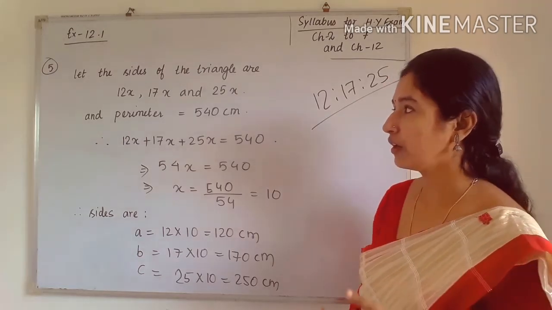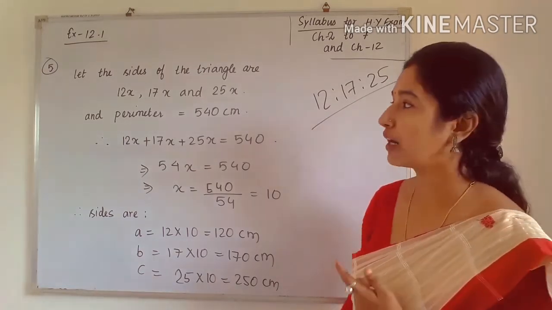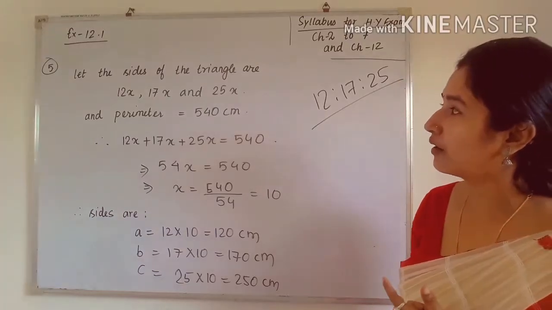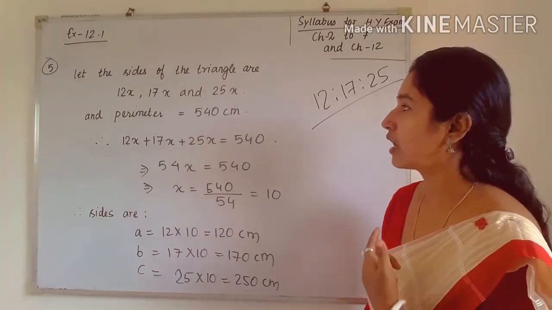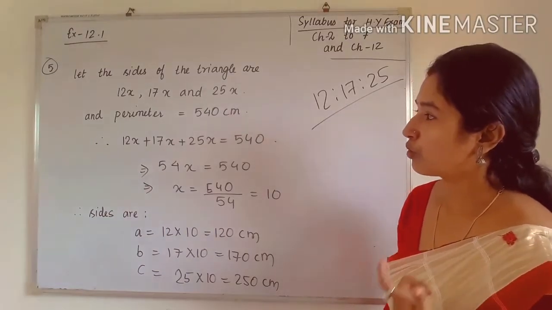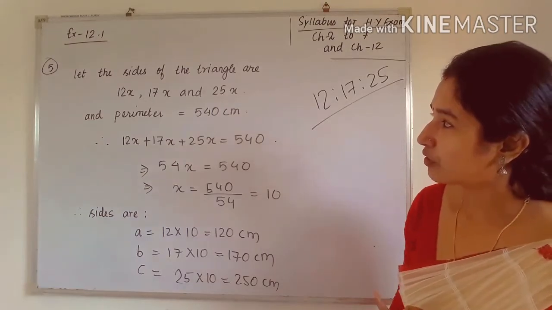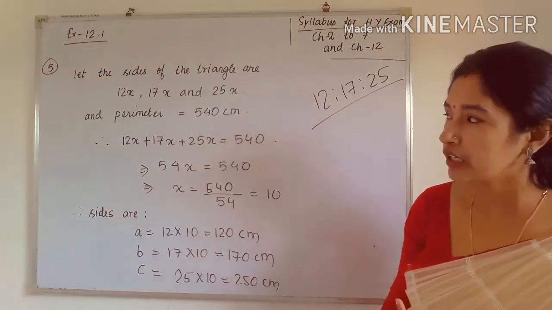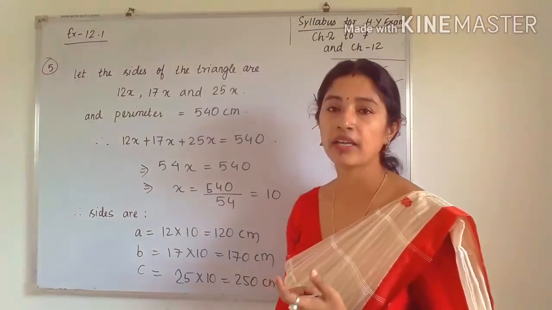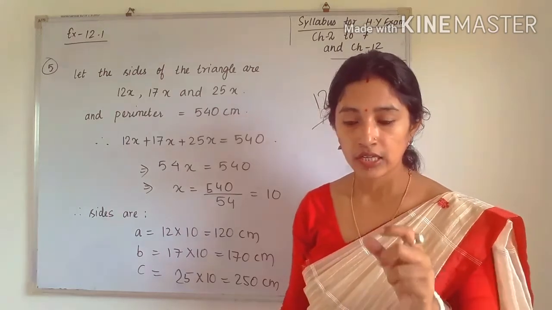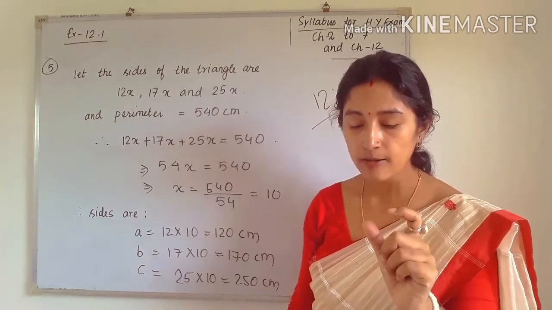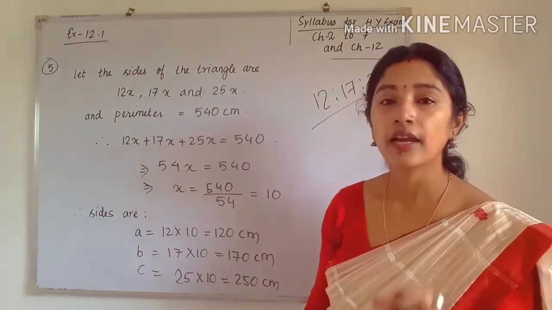Let the sides of the triangle be 12x, 17x and 25x. First of all we need to find the value of x. By that way only we can finally write the sides of the triangle.